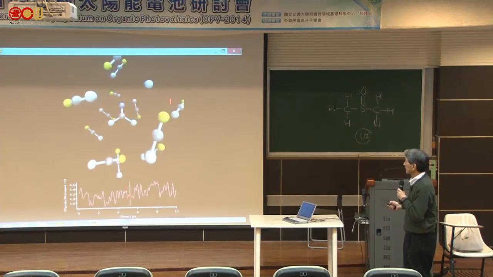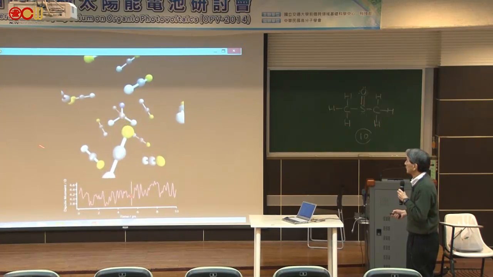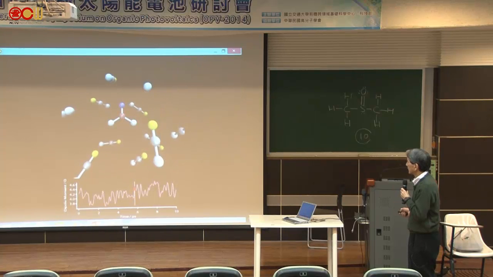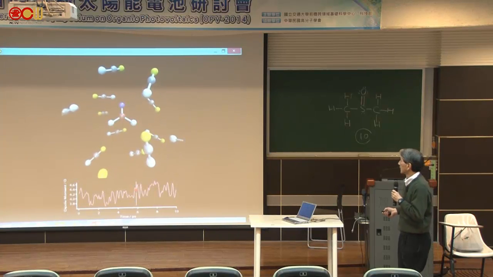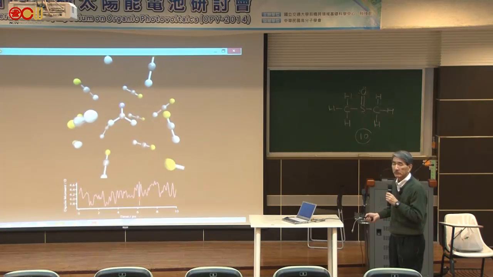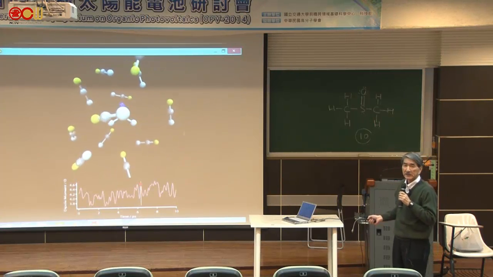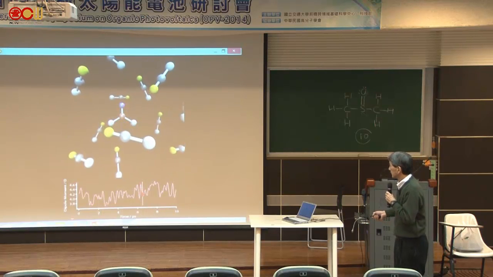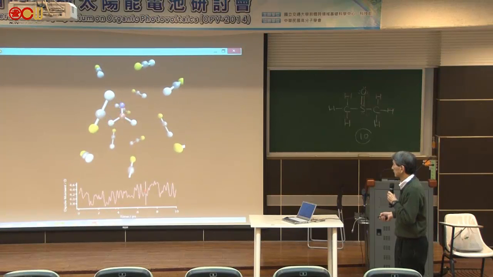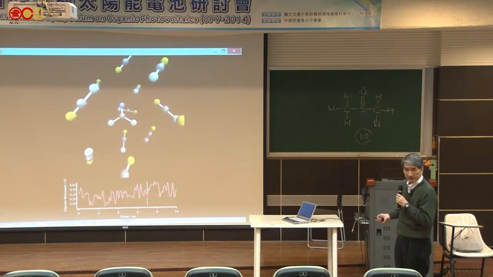And all the others are acetonitrile molecules. The methyl is now represented with just one ball. Here I show you the dipole moment and probably the frequency. You can think of it as the frequency changing with time. This is 0 picosecond, 2, 4, 6, 8, 10 picosecond.